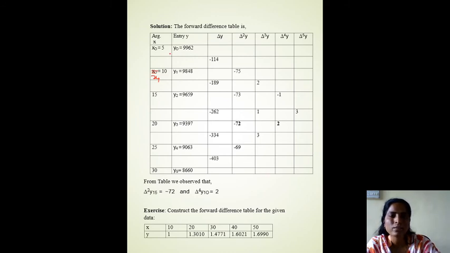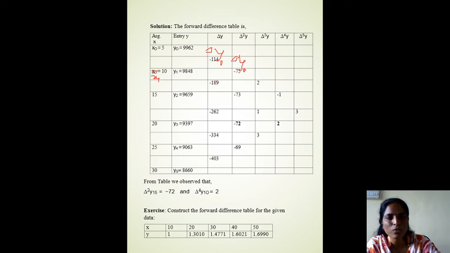So from the table, now see, when you have prepared a table like this, the very first entry is y0, then go diagonally. This value is nothing but delta y0, then delta square y0, then delta cube y0, delta raised to 4 y0, and delta raised to 5 y0.